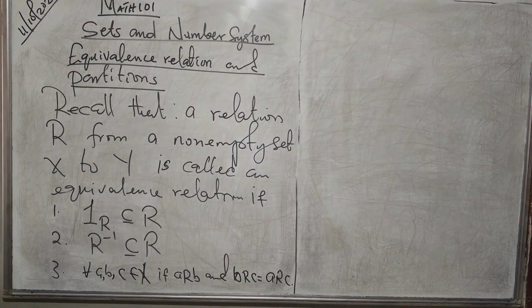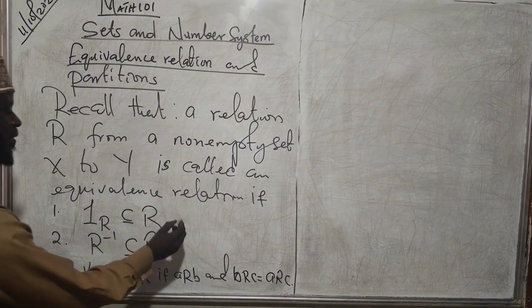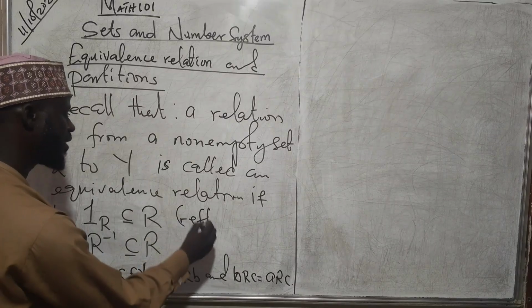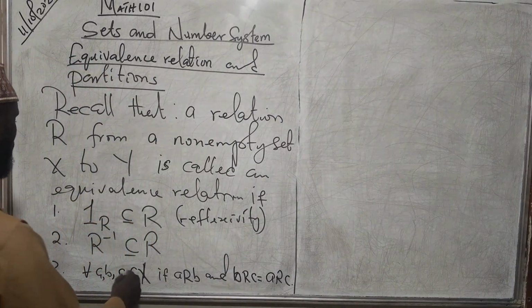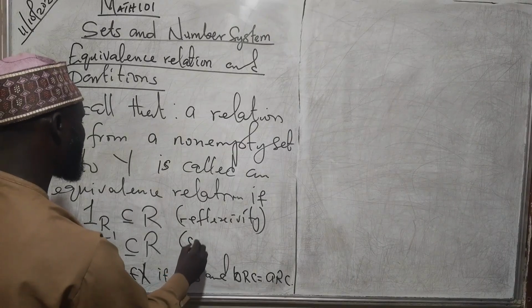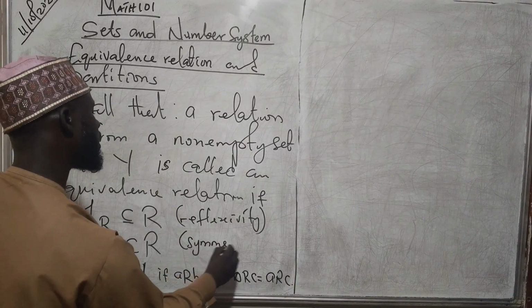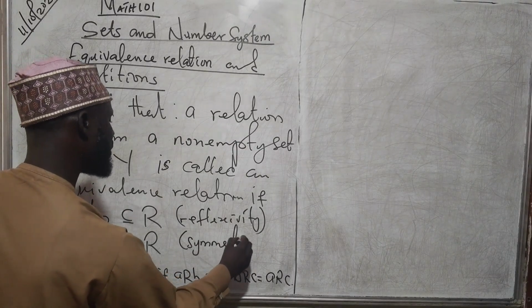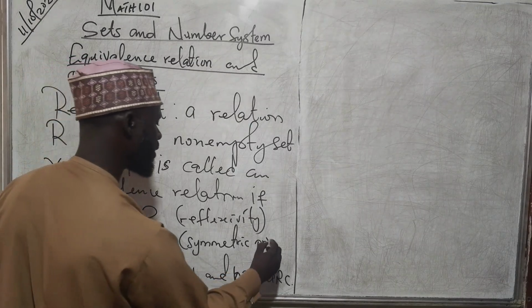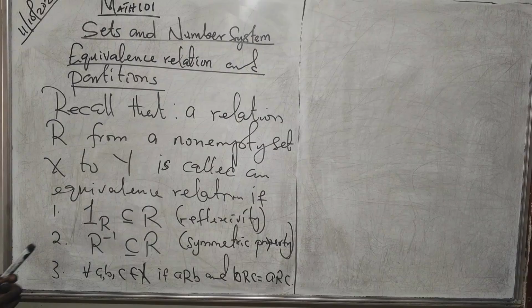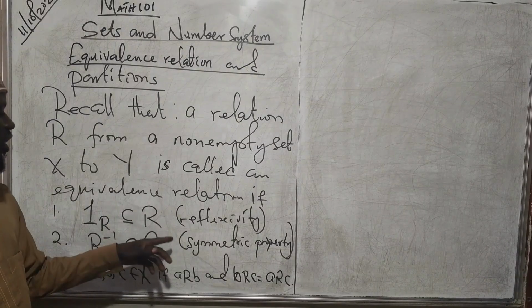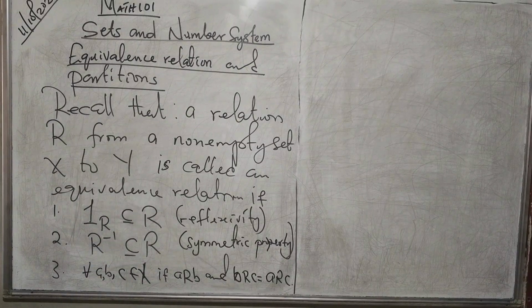That is the transitivity property. And this is the reflexive property, reflexivity. And this is the symmetric property. So if the relation is symmetric, reflexive, and transitive, we call the relation an equivalence relation.